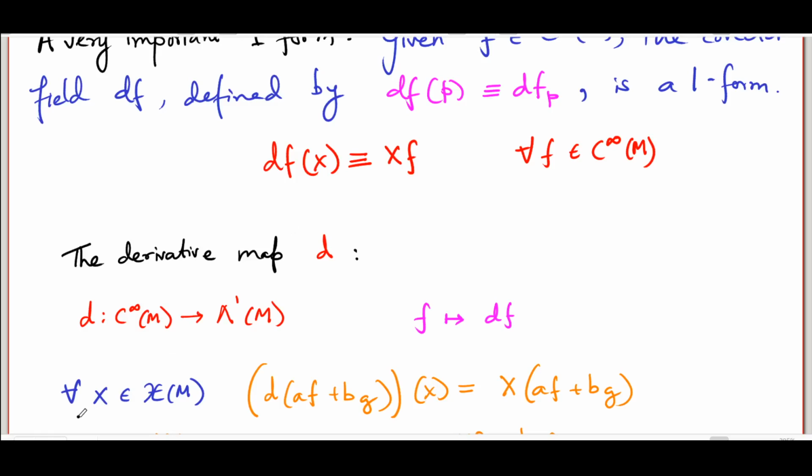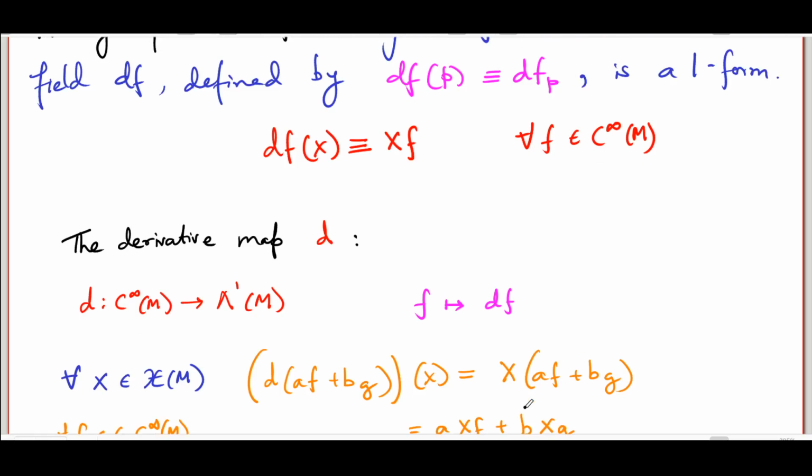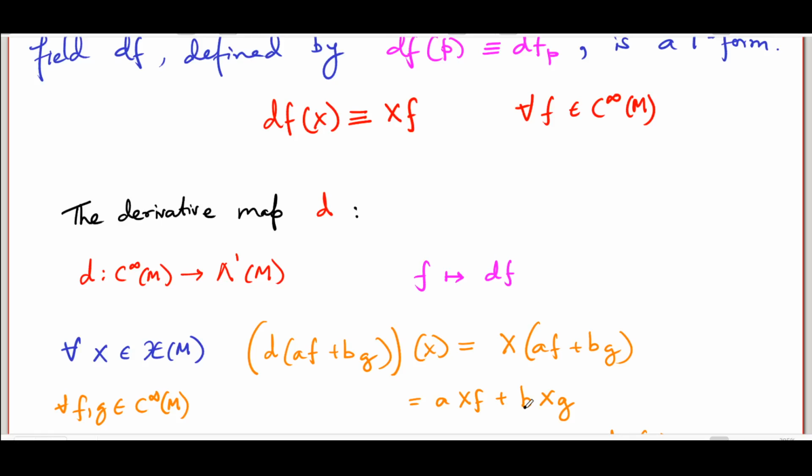So let us choose a particular X from the set of smooth vector fields and apply d(af + bg) on that. By definition, that is the same as X acting on af + bg, and as we discussed earlier when talking about vector fields, this is easily shown to be the same as a times X acting on f plus b times X acting on g.